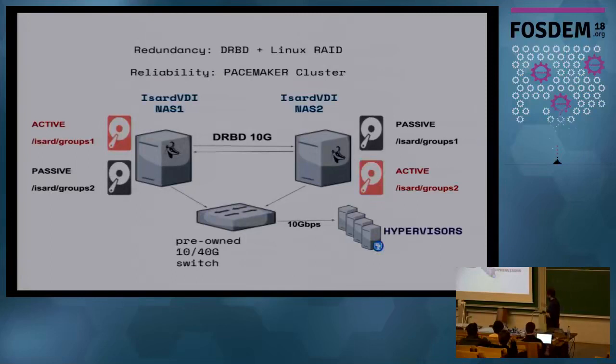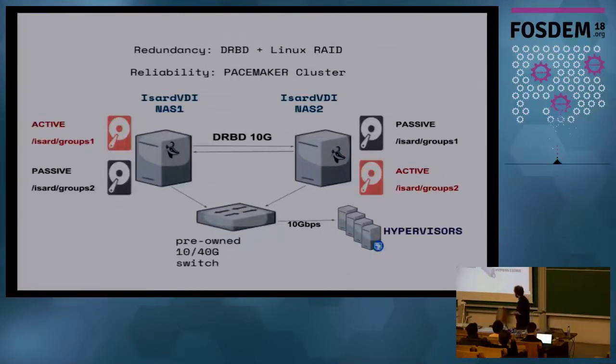These two servers keep data synchronized with DRBD, and with Isard we can, as we said before, share the disks on both servers, so the hypervisors will get this from both NAS servers, and we get better I/O performance when all the desktops are writing to the disk.